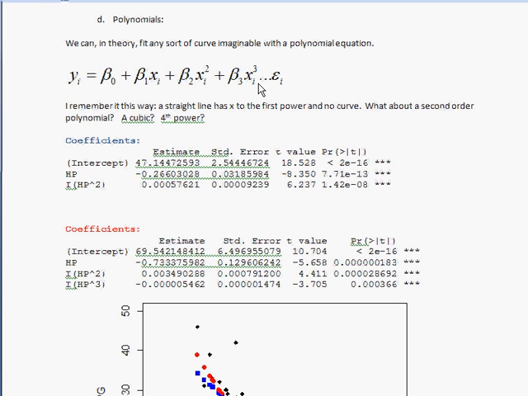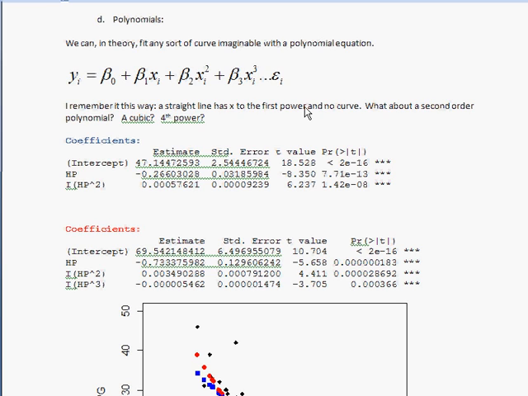So now some people go crazy with this and they add fourth power, fifth power, sixth power. The more higher ordered terms that you include allows you to better predict your data. It allows more curves to fit wherever the data may be, which has its good and bad points.